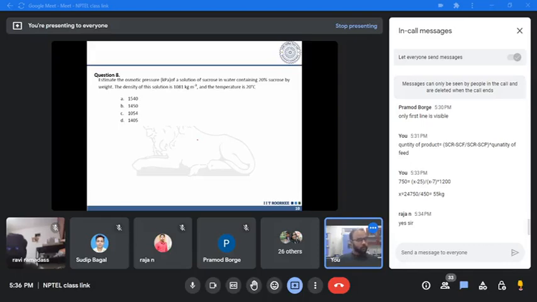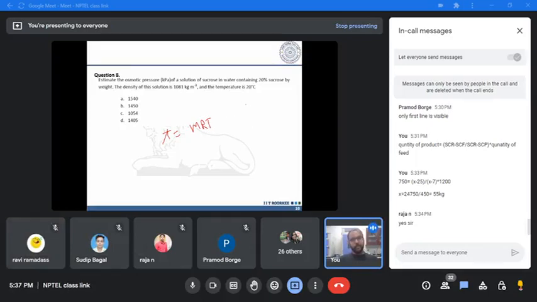So we know that osmotic pressure pi equal to mRT. Writing here is difficult. So pi is the osmotic pressure, m is the molar concentration, mole per meter cube, R is the universal gas constant, and T is the absolute temperature.